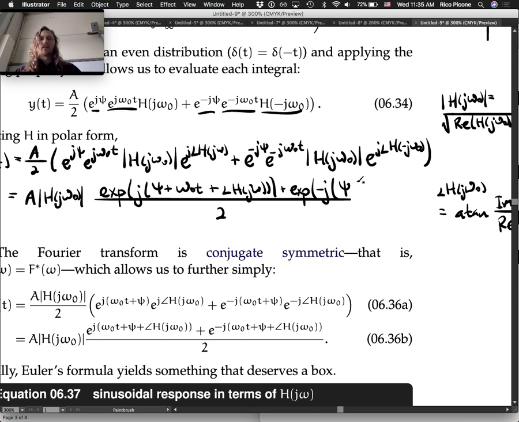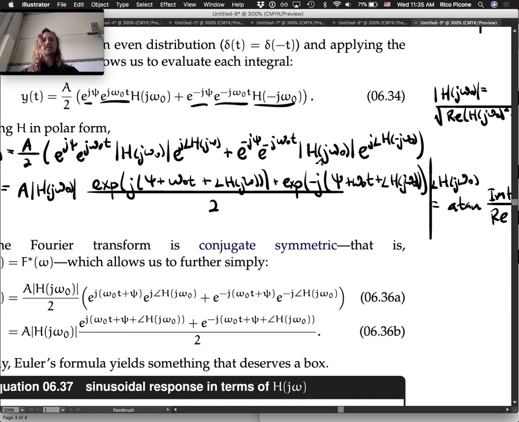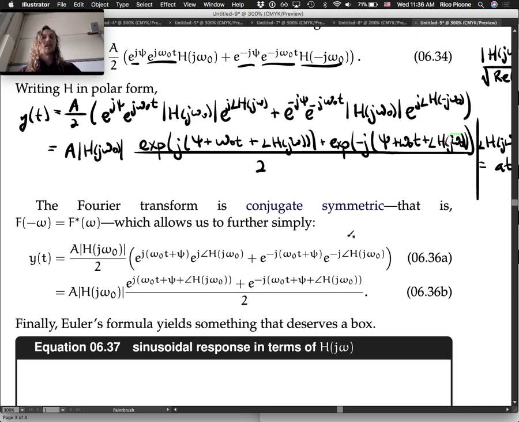Psi plus omega naught t plus the angle of h. Whew. Okay. So that is, besides being a big mess, a sort of familiar expression.